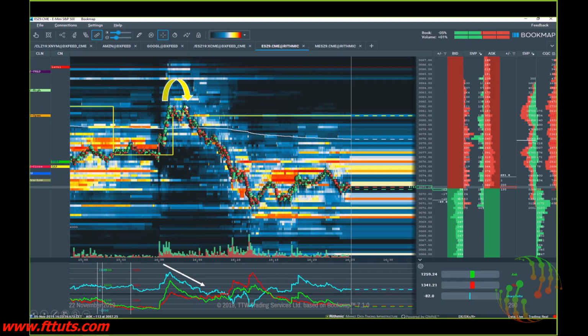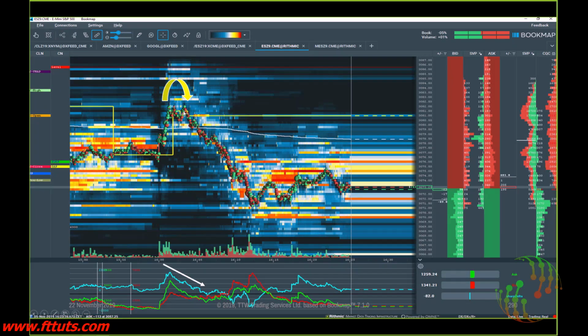Even if it goes a little bit further, let me say maybe 1 point to 83, it doesn't matter. The energy was lost here. In normal times, this is going to retrace and then go back.